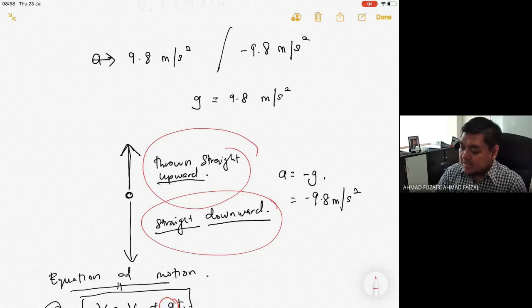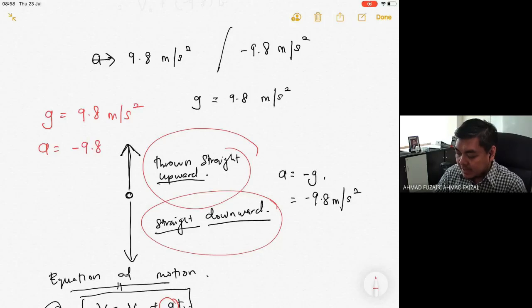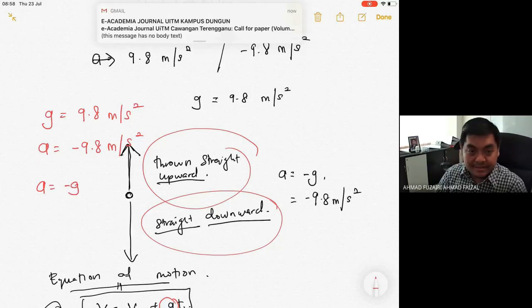Remember, G is always 9.8 meter per second square. What we should understand is that A is always negative 9.8 meter per second square, because A is equivalent to negative G.